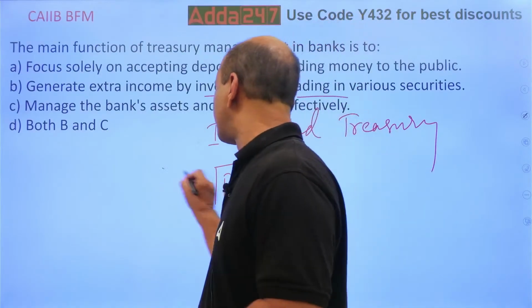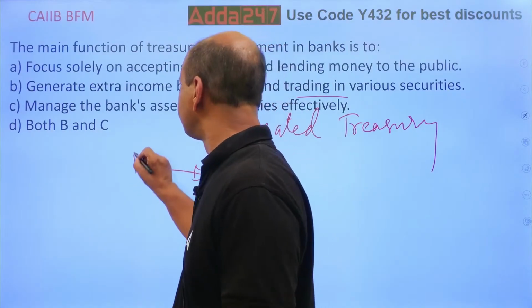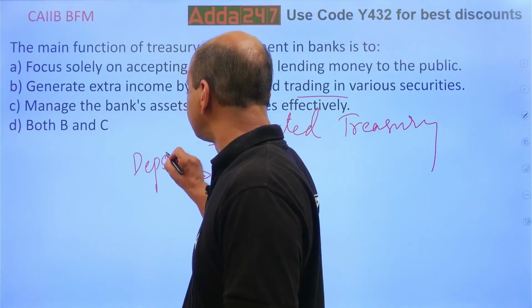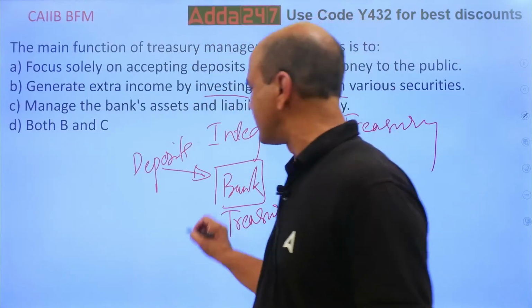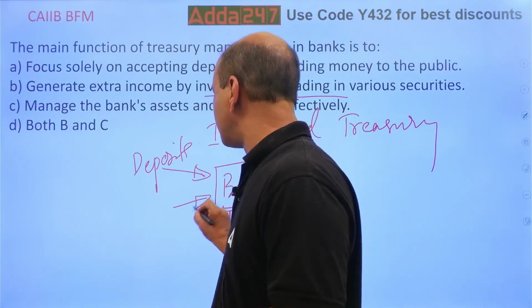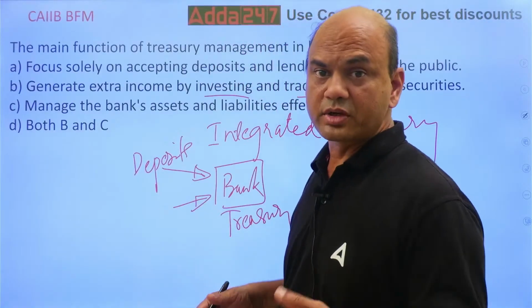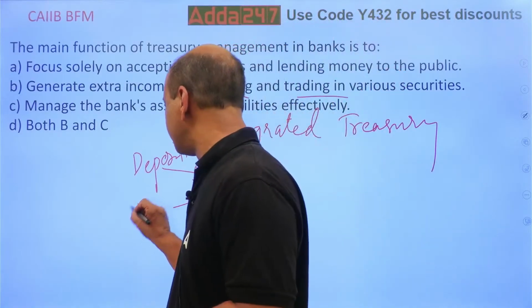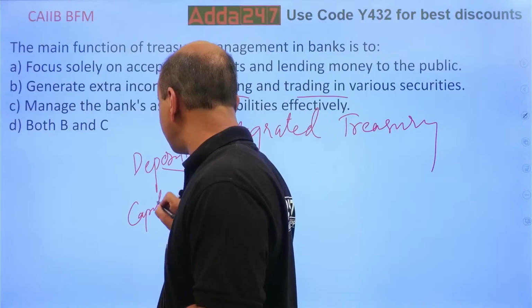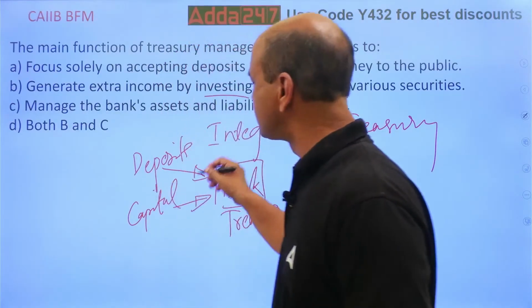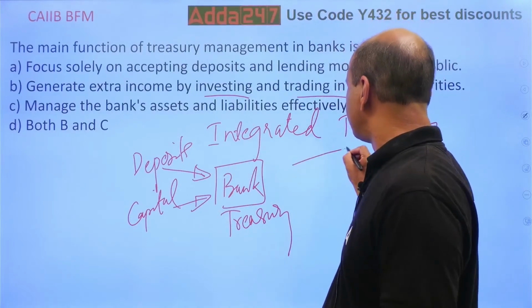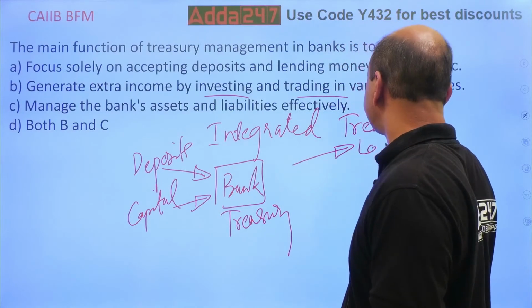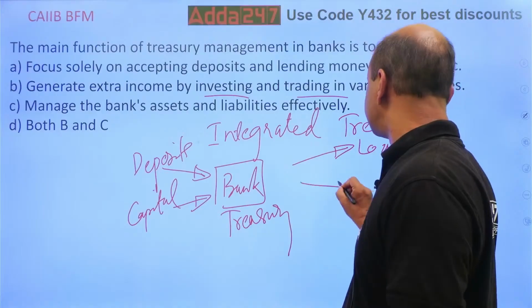It gets money through deposits and some capital part, means tier 1, tier 2 capital, or banks also take short-term loans. So it gets money through these parts. What does it do with this money? Either it gives loans or it invests.